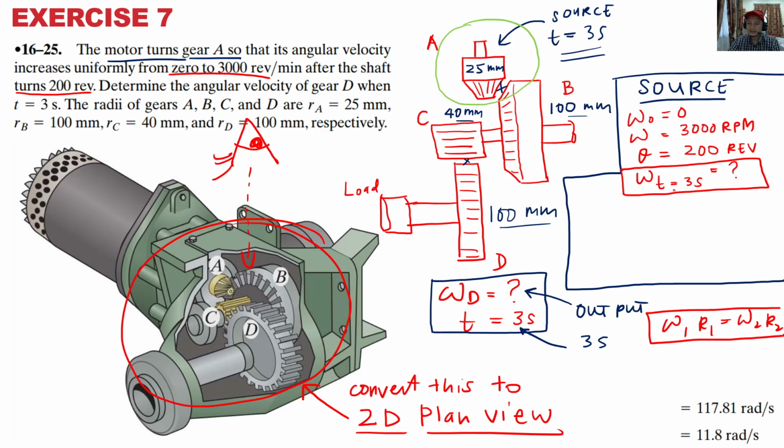But you have to find this one first. So the information we have is in terms of theta, so you can use this one. Omega squared is equal to omega naught squared plus 2 alpha theta. Do we have alpha here?